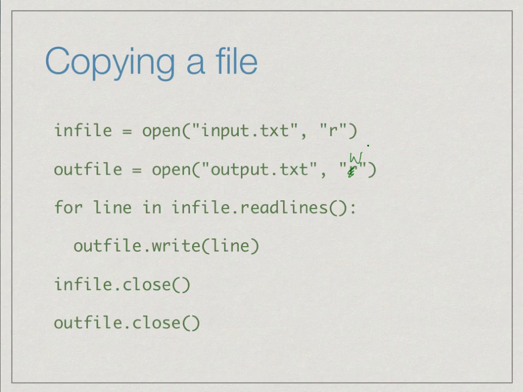Now for each line returned by readlines on the in file, remember that when I get a line from readlines, the backslash n is already there. If I don't do anything to the backslash n, I can write it out exactly the same way. So for each line that I read from the list in file.readlines, I just write it to the out file, and finally I close both the files. So this is one way to copy one file from input to output.